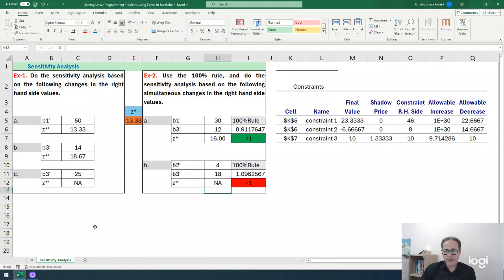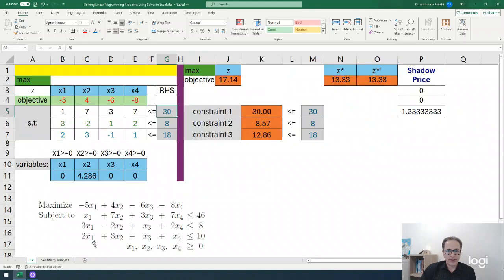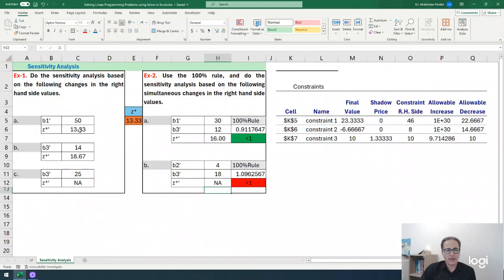So what we did, we used this LP problem, we solved it and we checked our answers, but in general you don't have access to this page. The only thing that you have are these exercises and the final value, or Z star, for the original problem. Now you cannot check your answer, you need to just work with this sensitivity report.